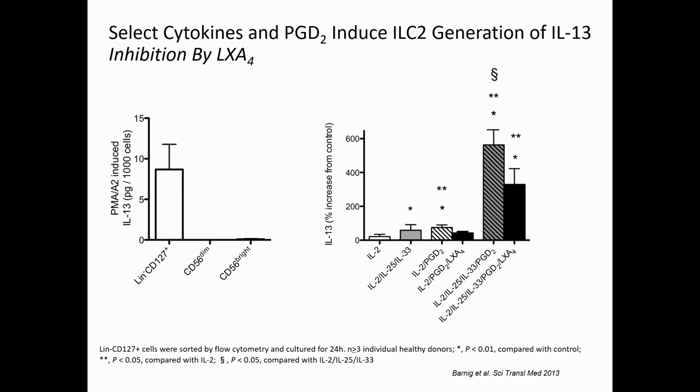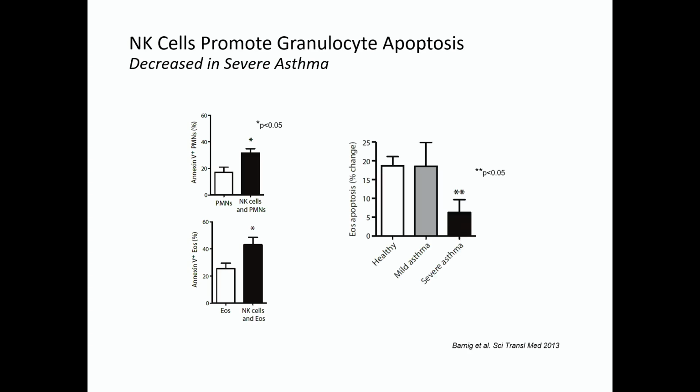In black here, we saw regulation of this process by lipoxin A4, and not shown on this slide, it was receptor-mediated as well. So the ILC2s are responding to relevant cytokine stimulation in the airway in asthma, and this is also inhibitable by lipoxin A4.